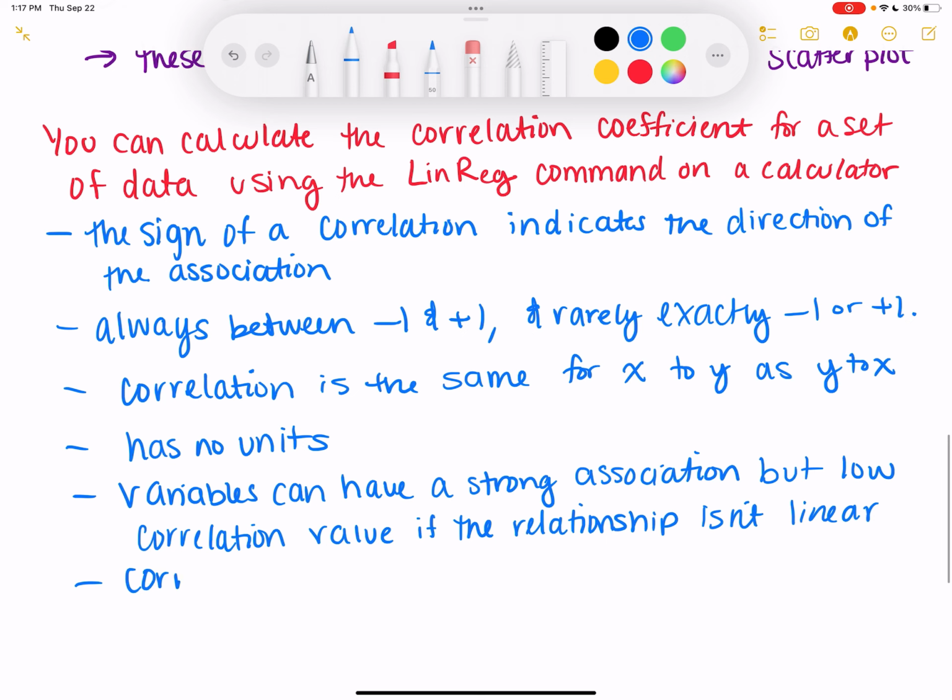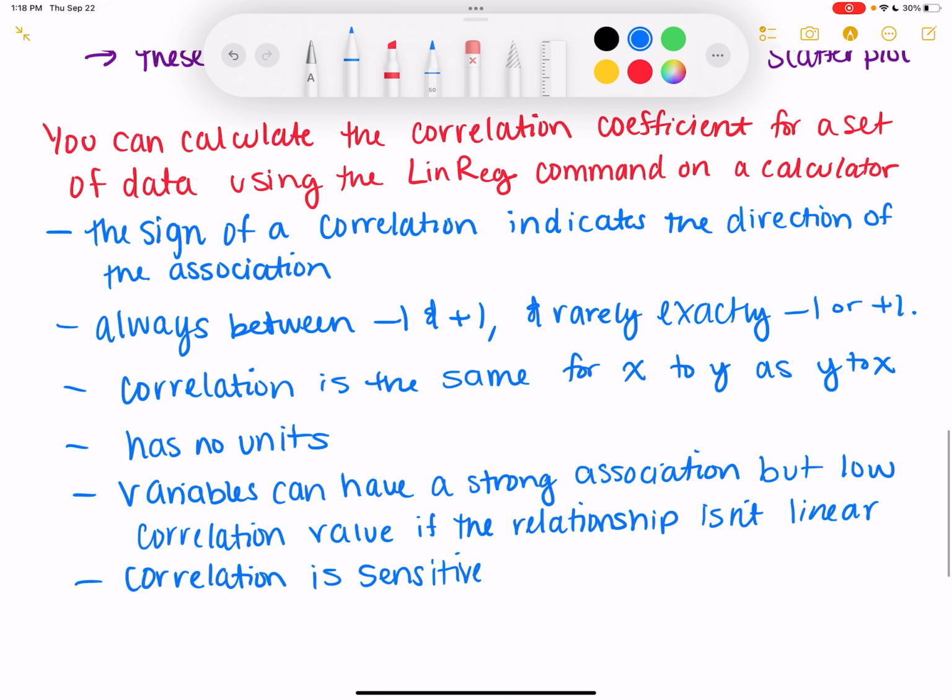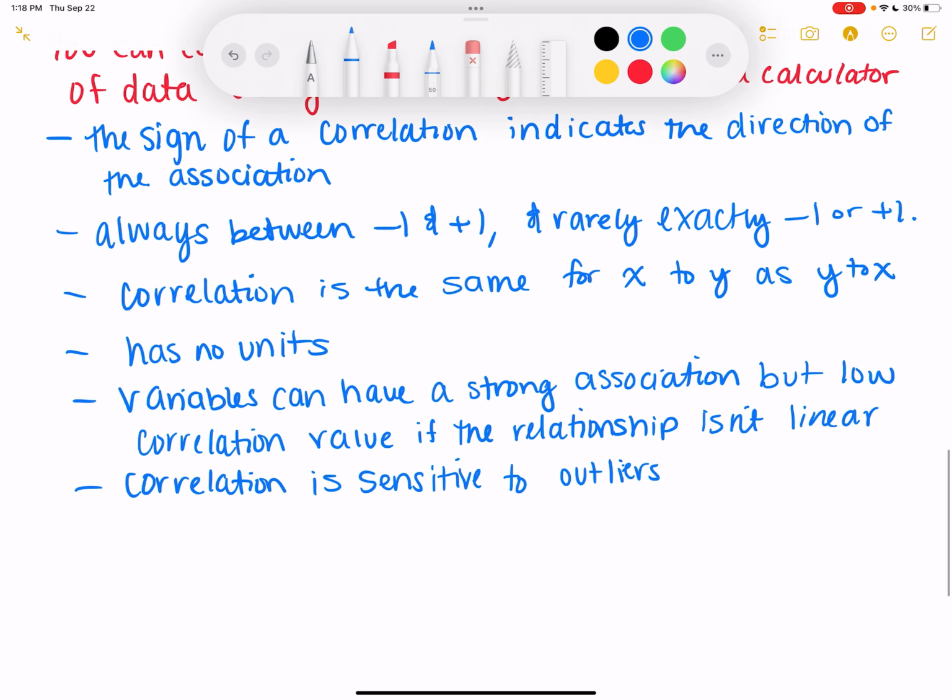And then, like I mentioned earlier, correlation is sensitive to outliers. And then something really important to note is that correlation is not equal to causation.